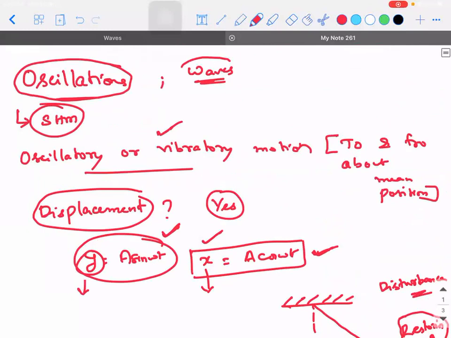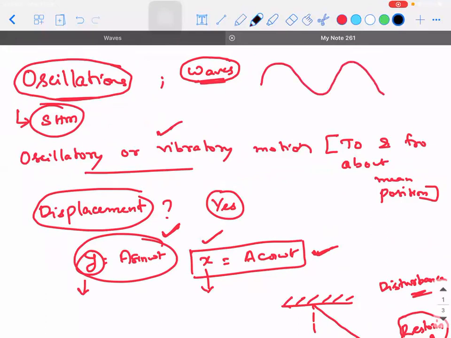Then what can you call a wave? What is a wave? That's what we need to understand first. If I ask you what is a wave, something like this comes to your mind.